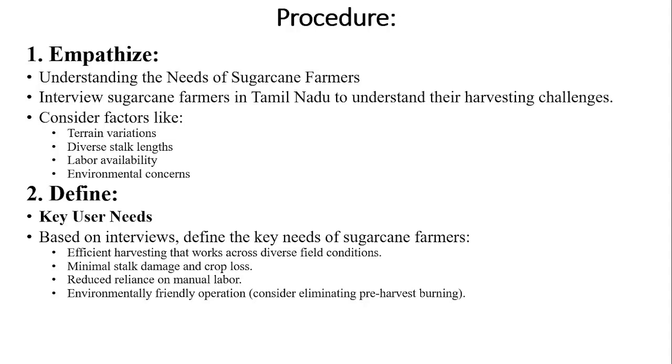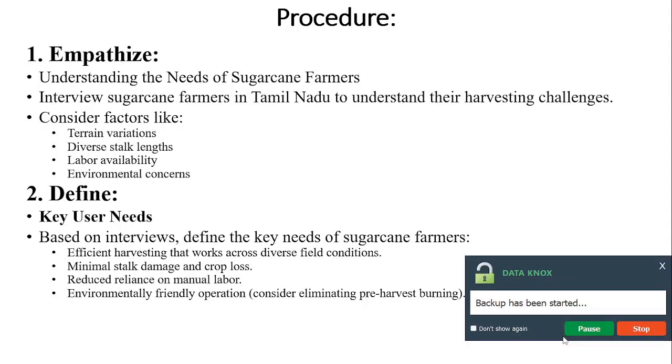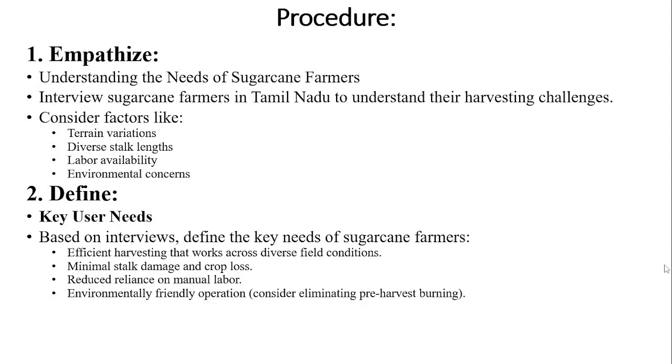After that I move to identify the problem, the define phase. Here I identify the key user needs based on interviews and define the key needs of sugarcane farmers. Here I consider the pain points such as efficient harvesting that works across diverse field conditions, then minimal stalk damage and crop loss, and reduced reliance on manual labor.